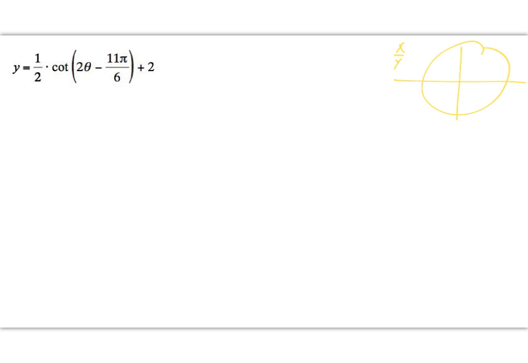I'm going to have asymptotes at anywhere that y is 0. And I'm going to have zeros anytime that we have a pi over 2 or a 3 pi over 2.